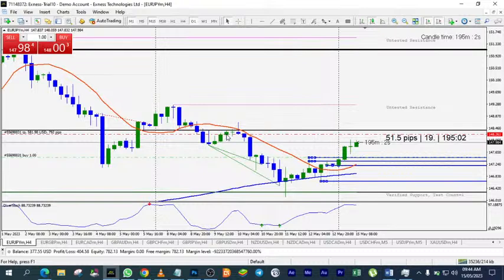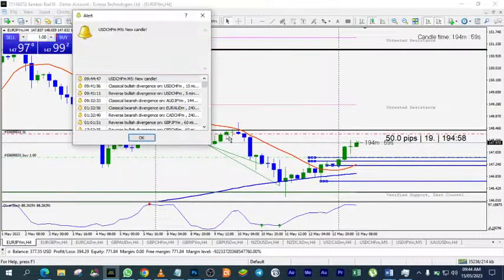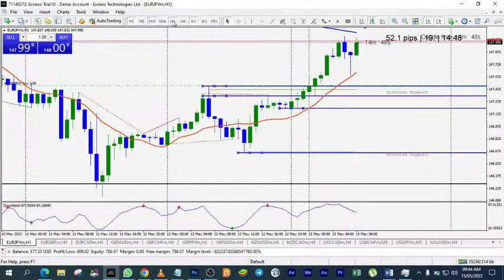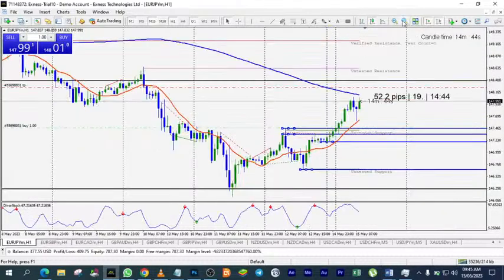This is the first level. Yeah, that's it for me. That's my first take profit for Euro Japanese yen.